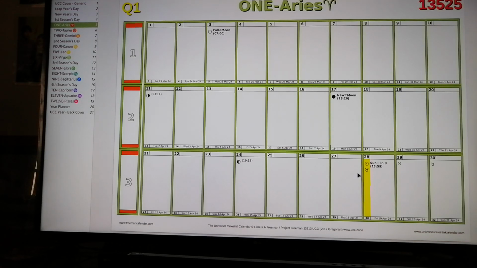And I also put in the time that the sun goes into the next sign. So you can see the sun goes into Taurus here at almost 2 o'clock in the afternoon on the 19th of April. So that's actually the 28th day of this month.